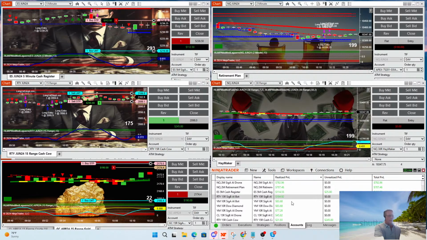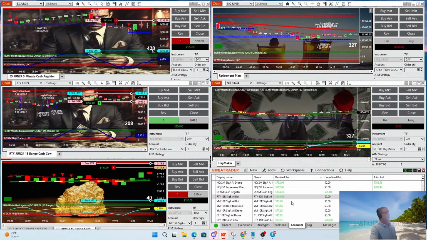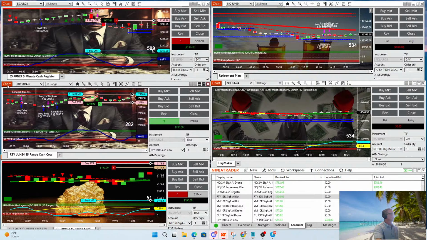Do want to keep an eye on the Russell. That Signal B Russell, I had a good day on yesterday. This is the Russell here. Oh, I'm sorry. That is the Russell. I thought it was the Dow.